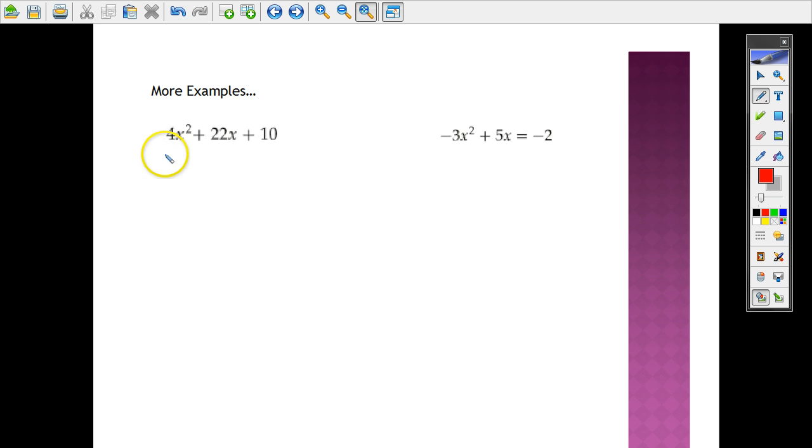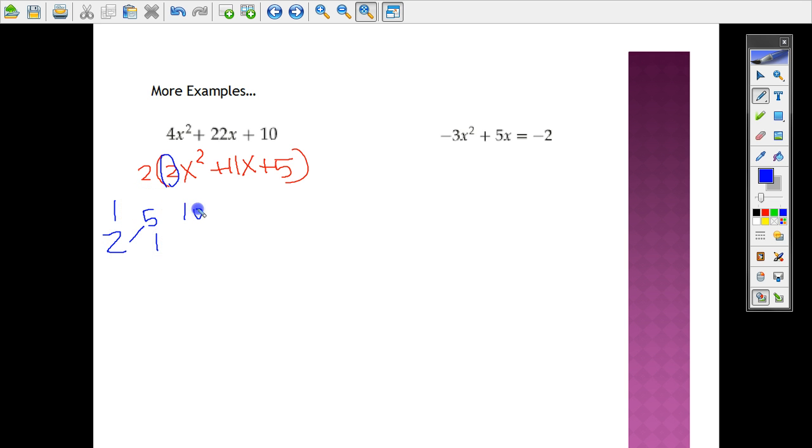Alright. So first thing, what do they all have in common? You can factor out 2. So I have 2 times 2x squared plus 11x plus 5. Alright. So with these numbers, when multiplied, makes 2. So 1, 2. Multiply, make 5. 5, 1.